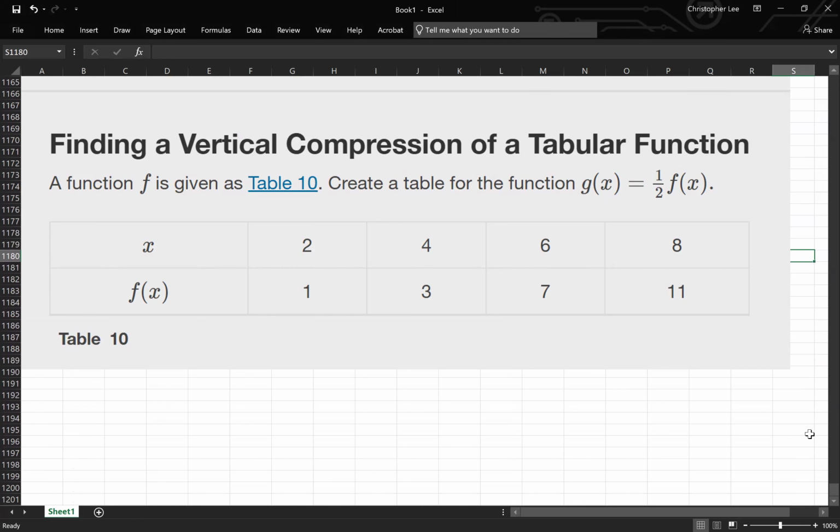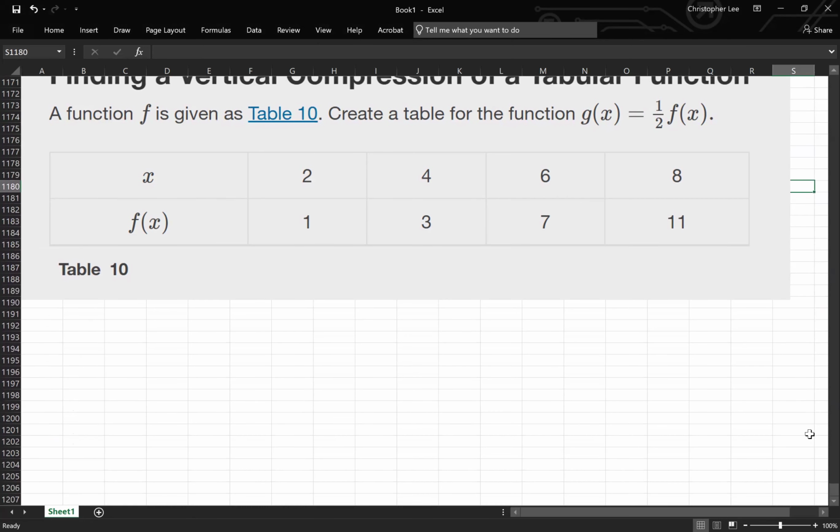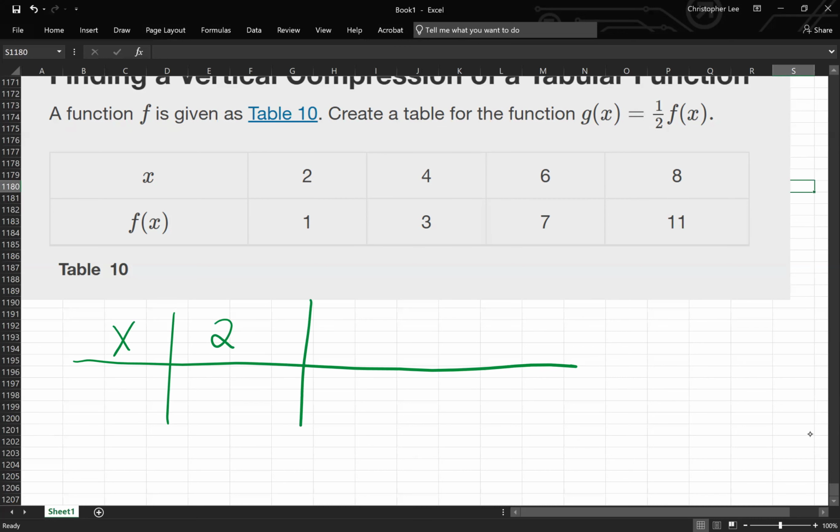When I compress it, does the x values change? No. So I got the same x values. So I got 2, 4, 6, and I got 8. But what is changing for g of x?